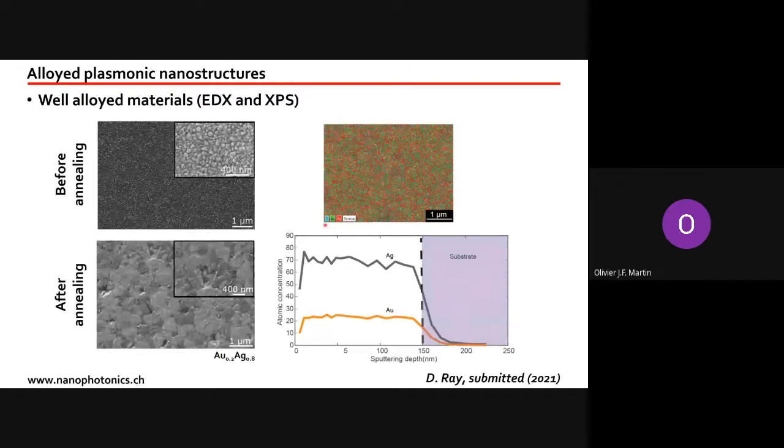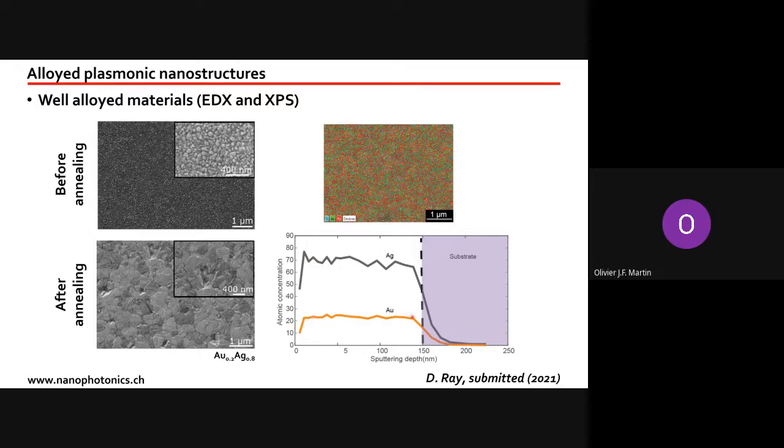We also had a little bit of titanium for adhesion, but probably more interestingly, if we do XPS, we see that as we go through the sample all the way to the substrate, we have really a mixture of gold and silver, in that case, 20% gold, 80% silver.